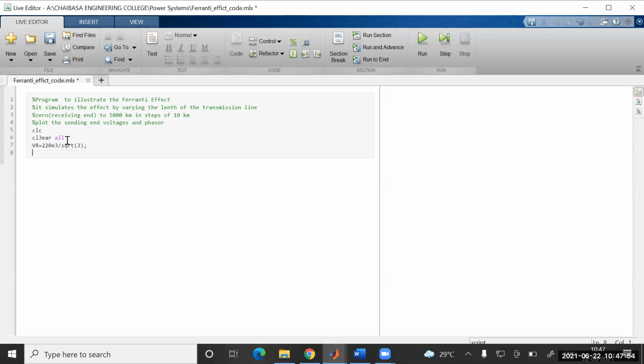This is one line of code. Then we have to give the alpha value, which we have taken as 0.163e-3. Then beta is given as 1.0683e-3. We have taken the alpha and beta values.